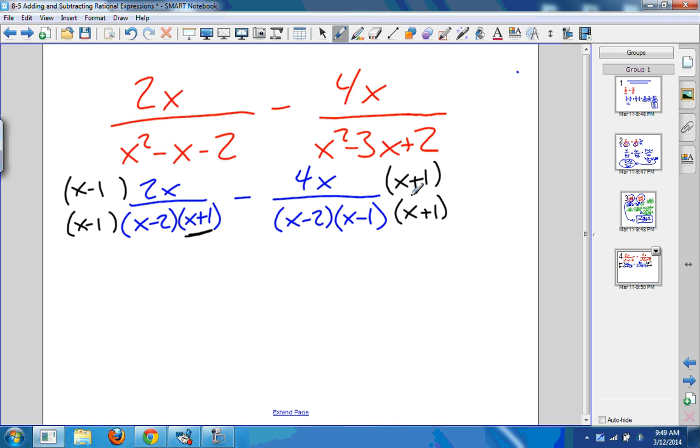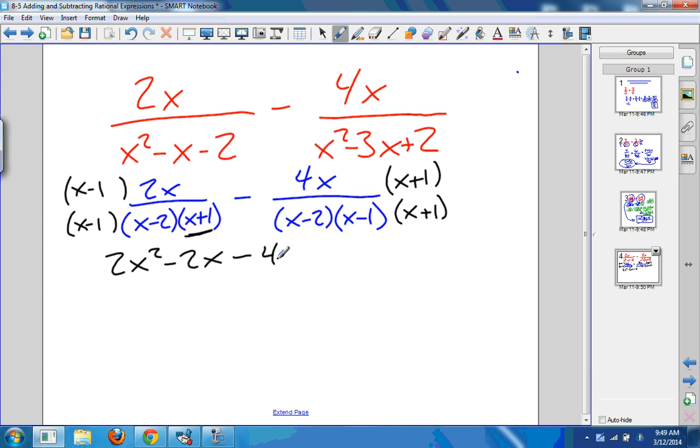Alright, so if I do that, I'm going to go ahead and multiply this out. I'm going to distribute this out. And I'm going to get 2x squared minus 2x minus 4x.